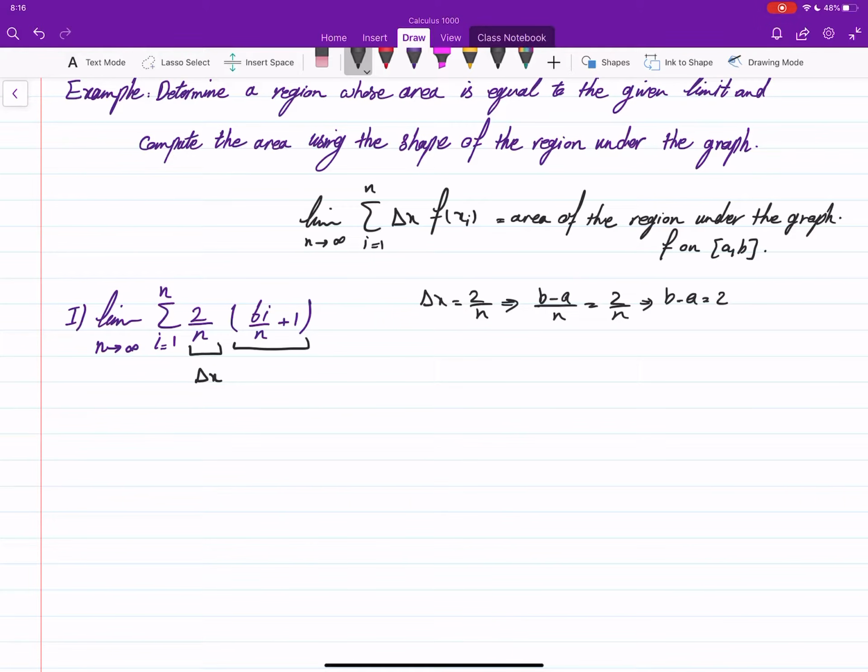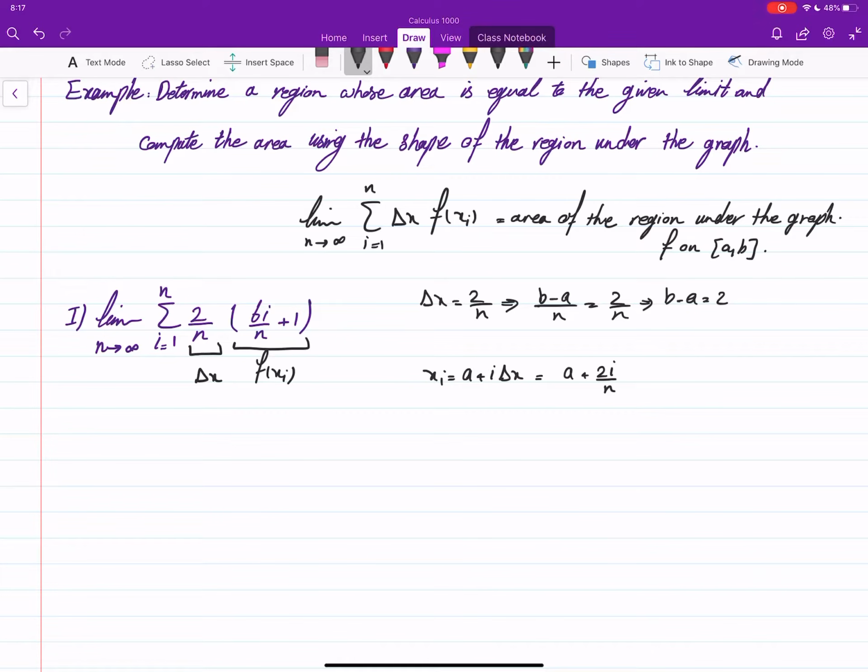On the other hand, we know that this is going to be f of xi. And xi is a plus i delta x. So in this case, basically, we are going to have a plus 2i over n. We have to find such a piece here.